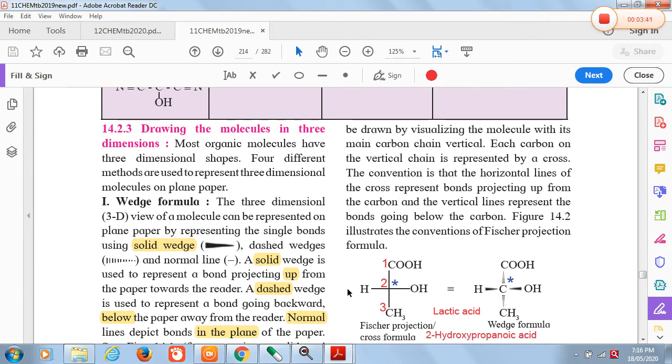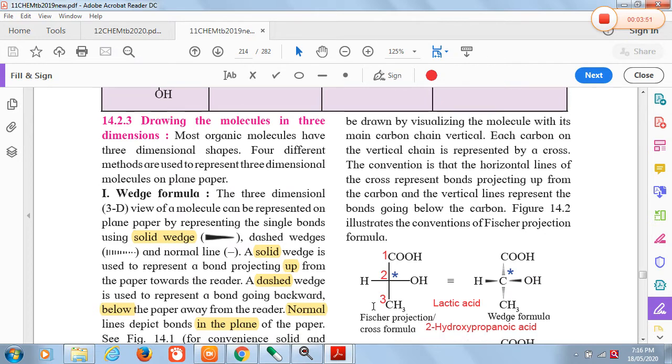So this is the important thing you have to keep in your mind. The continuous longest carbon chain is always placed vertically. The middle carbon, which is the cross section point, the carbon is not mentioned, and the groups on that carbon are mentioned at the end of that horizontal line.